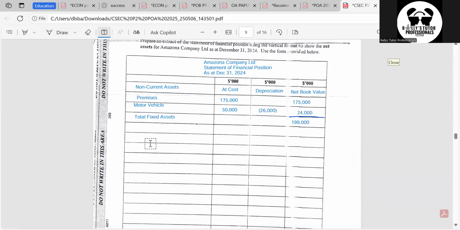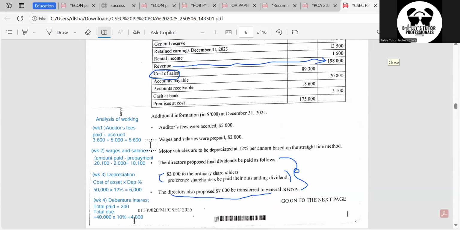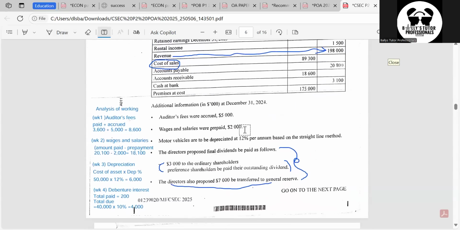Now it's time to do our current assets. Now we have to keep in mind that all the way back in number 2, we had wages prepaid. Any expenses prepaid is considered an asset.